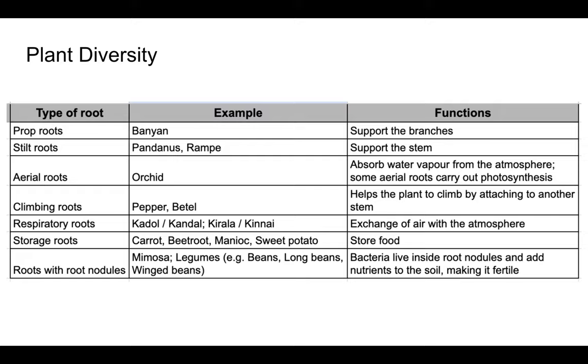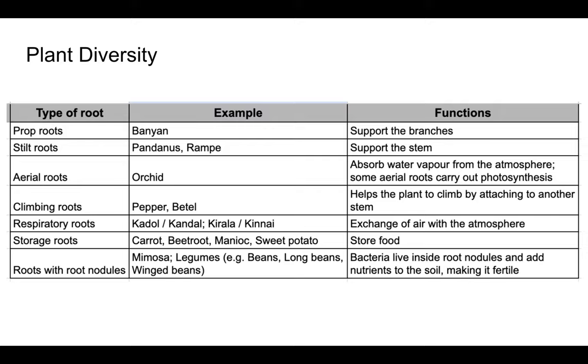The remaining energy is stored in the taproot. We eat the carrot taproot, beetroot taproot, manioc taproot, and sweet potato taproot. What is the function? Storage of food, or storage of their energy.